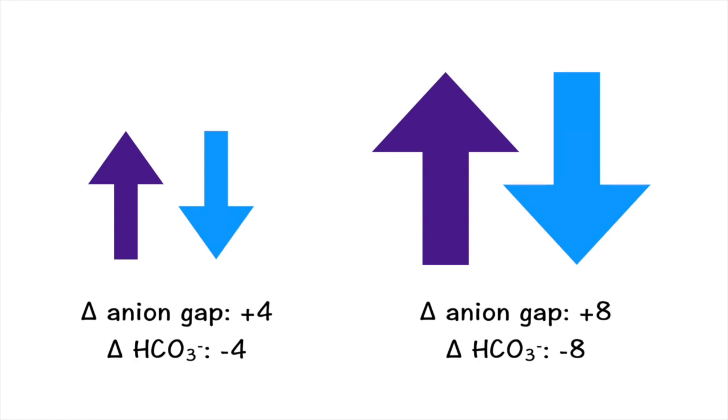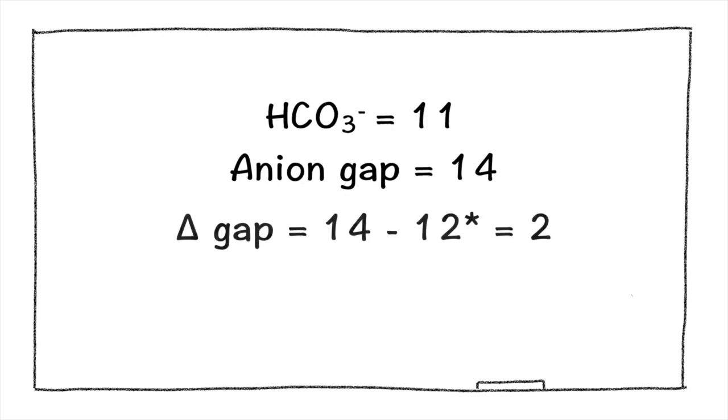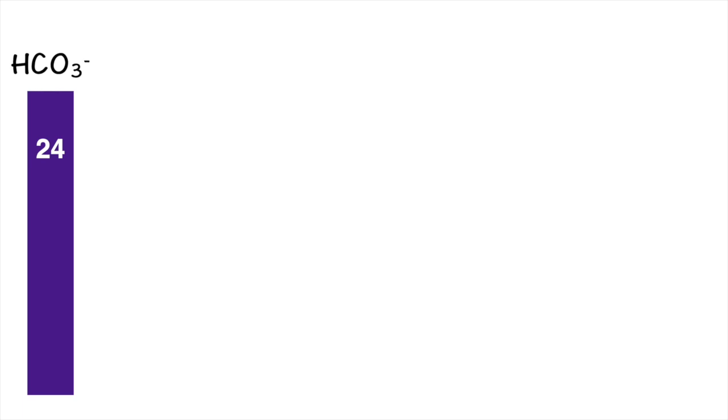If the bicarb is 11 and the gap is now 14, we first assess the change in gap, just part of our routine. If we find no patient baseline when into the past we delve, we'll compare that gap of 14 to a normal gap of 12. The difference in the gap is only 2, and what that means is that now it's time to see what's going on behind the scenes. Remember, when it's normal, that the bicarb's 24.